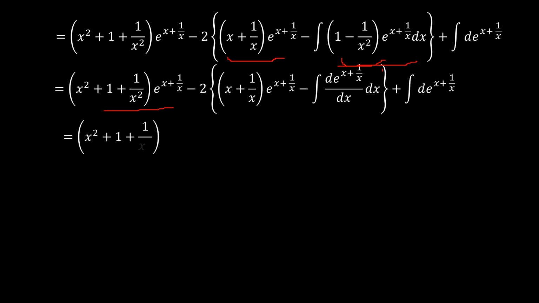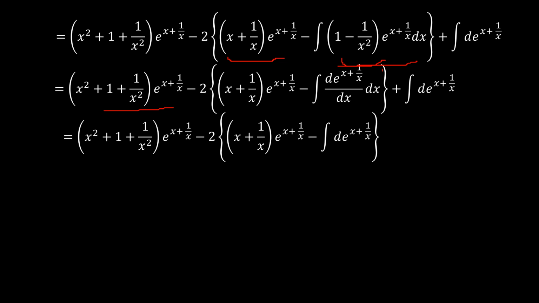So this is the same as x squared plus 1 over x squared times e to the power x plus 1 over x minus 2 in bracket x plus 1 over x times e to the power x plus 1 over x minus the derivative of x plus 1 over x plus the integral of the derivative of x plus 1 over x.